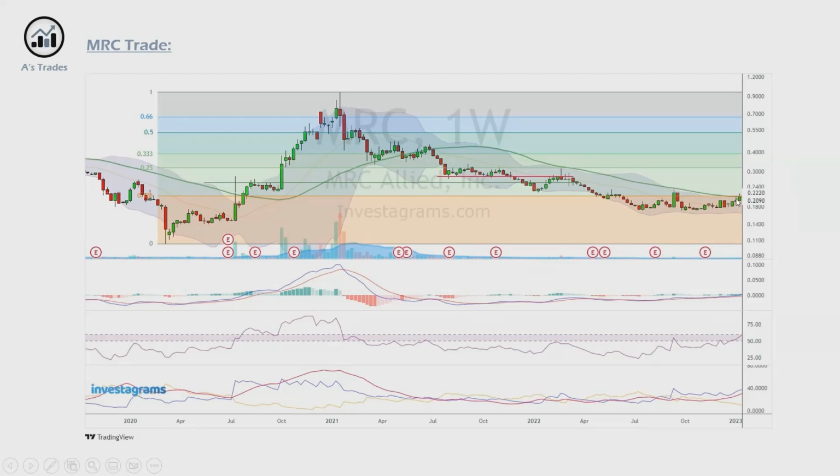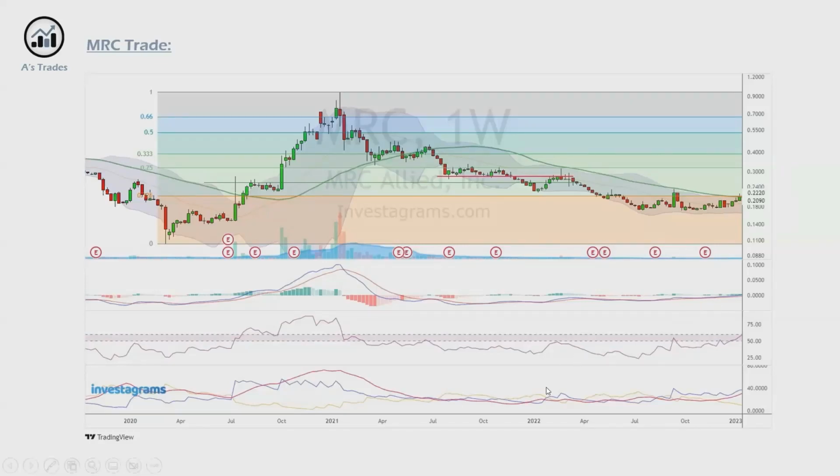It also is gaining momentum based on its RSI. This one, RSI, is moving upward, and so are the MACD indicators, which means the fractals criteria is good.